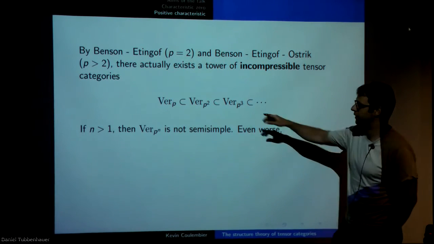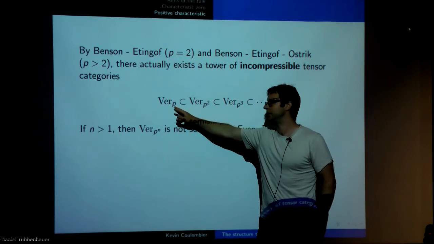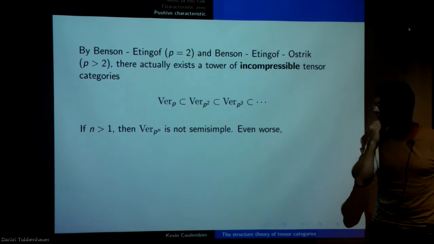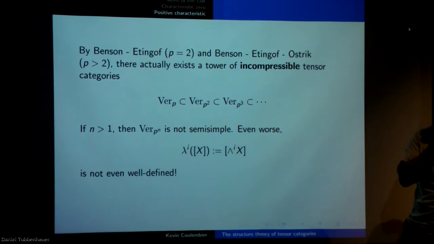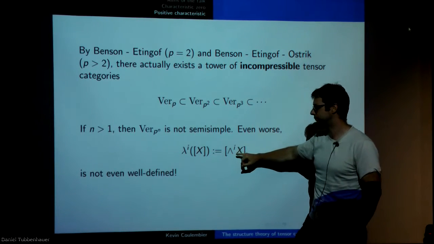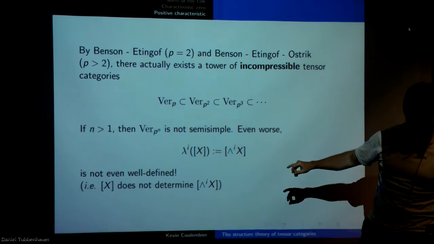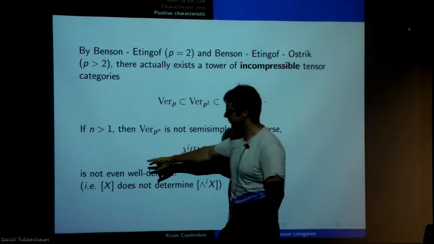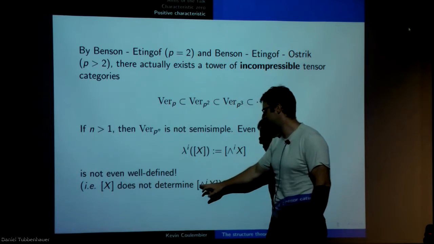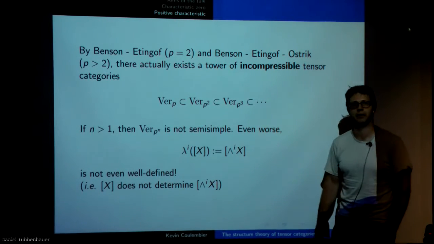So it's only Ver_p that is semi-simple, that is the fusion category. All the others are not semi-simple. But the reason that they're so fascinating maybe is that here I can't even define this lambda. By that I mean knowing the image in the Grothendieck ring of an object doesn't allow me to determine what the exterior power will be.